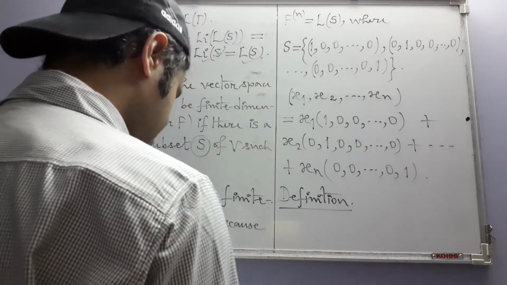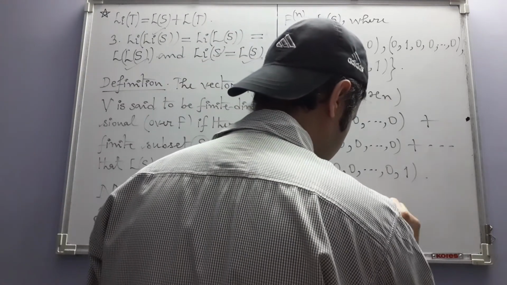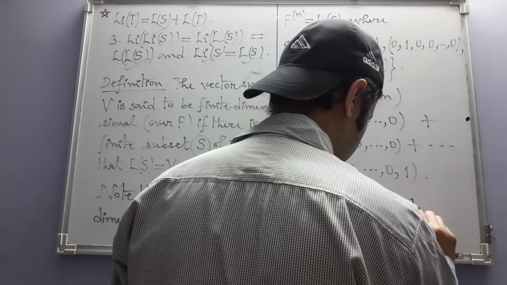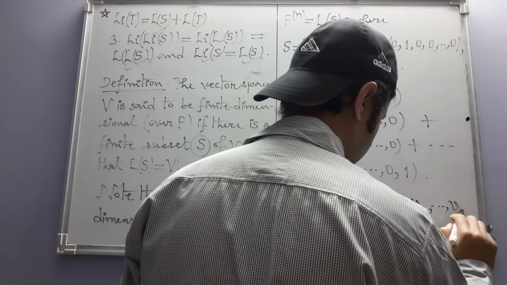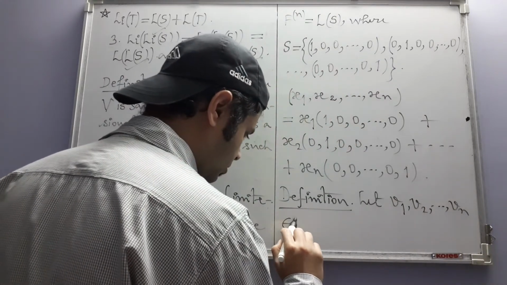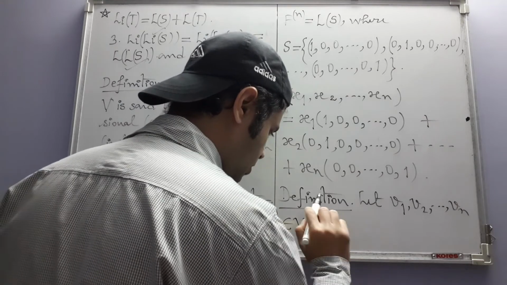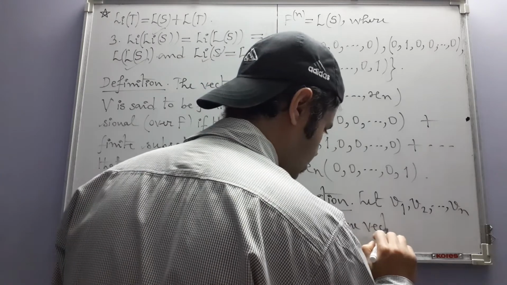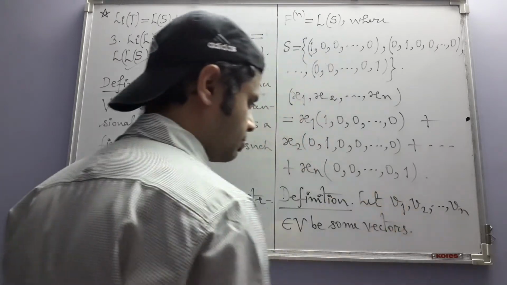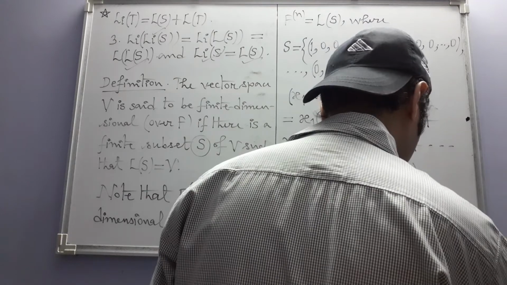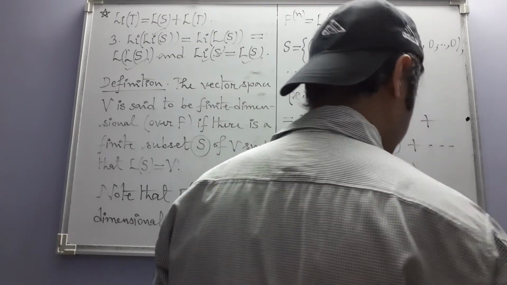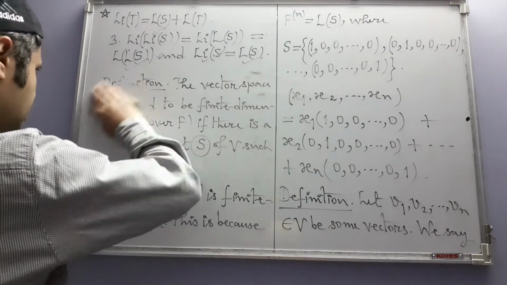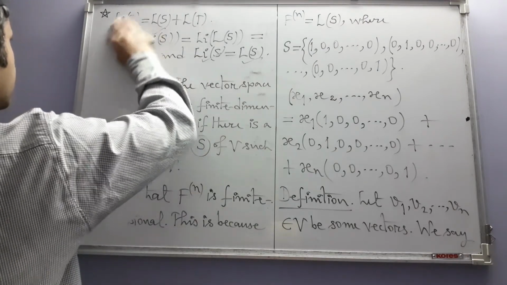Okay, they have presented it in this way. Let V1, V2, etc. Vn belonging to V be some vectors, finitely many. We say that these vectors are linearly dependent over F if these following conditions are true.